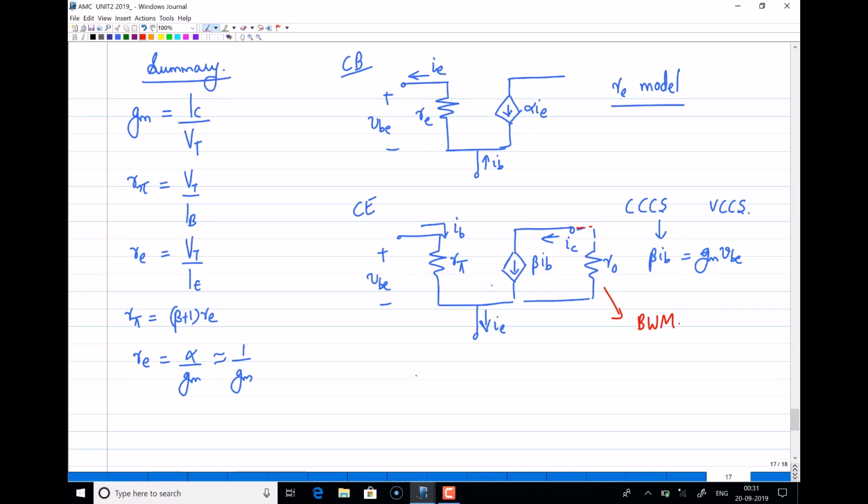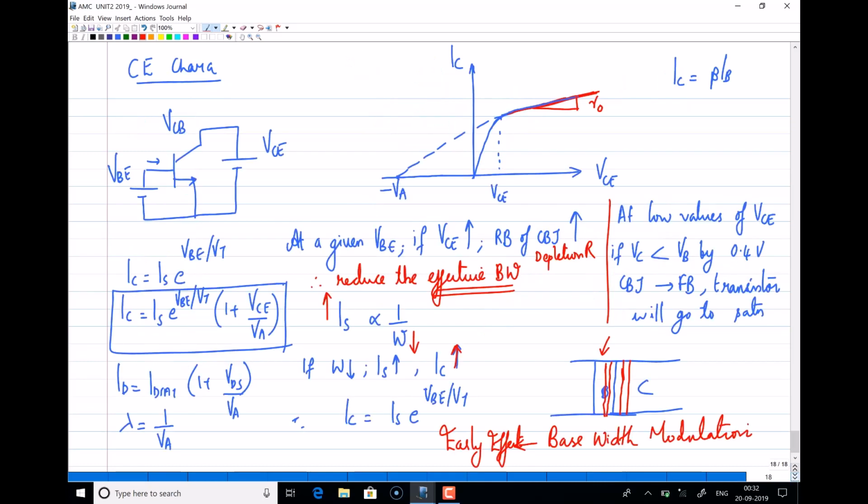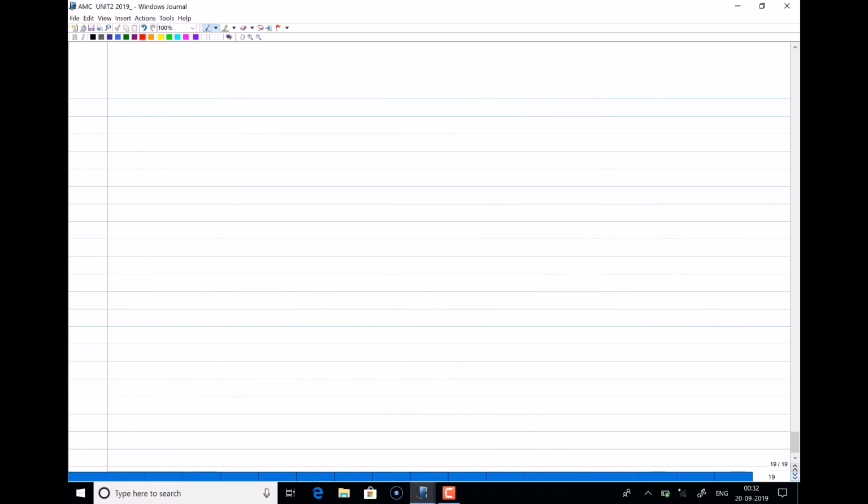Okay, now we'll quickly see how to apply this small signal equivalent circuit in certain numericals. Okay, so let's look at this question where you have a transistor.